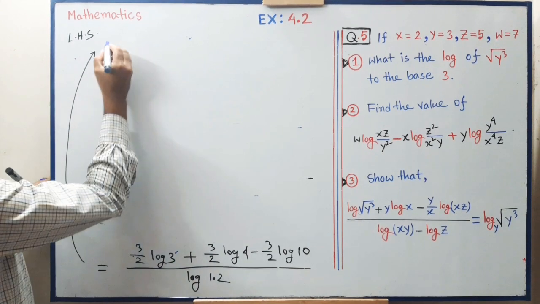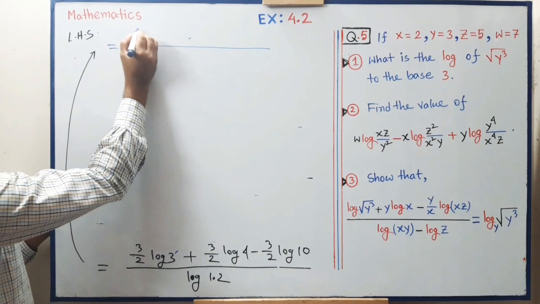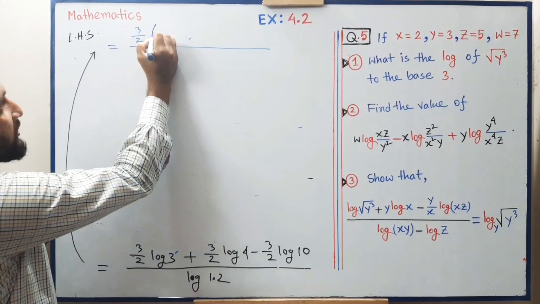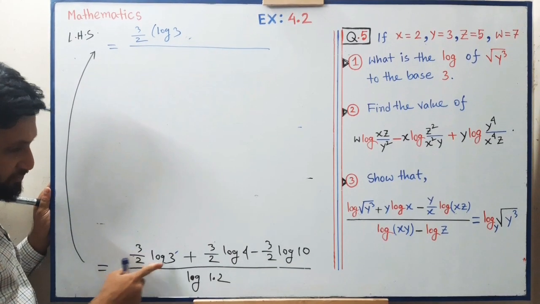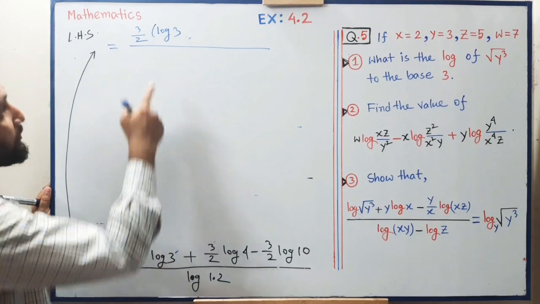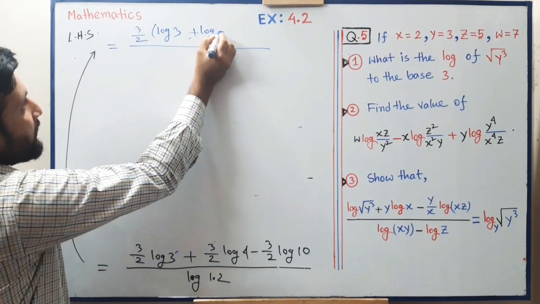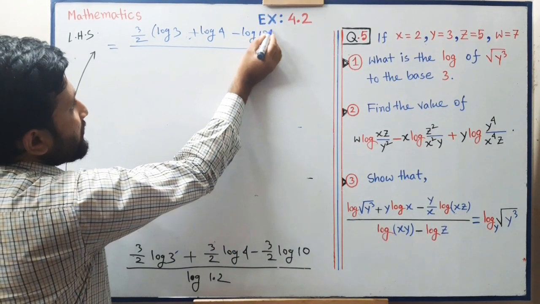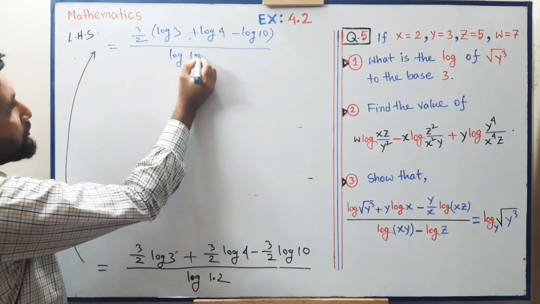In the numerator we take 3/2 common in each term, so the rest is log 3, and in the second term plus log 4, and the last term minus log 10. And then in the denominator log 1.2.